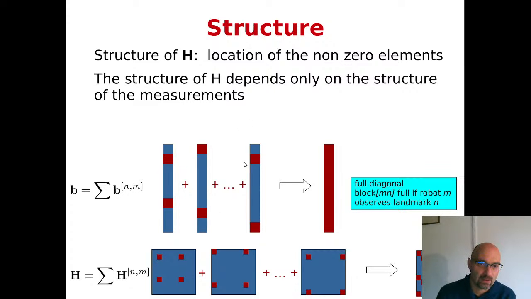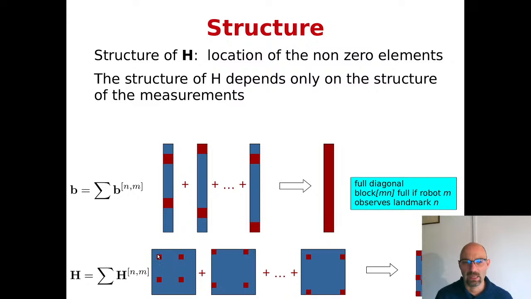If you put together all these contributions, this reddish here denotes that the block is full, you will end up with a b vector which is full of elements. In contrast, the H matrix has a little bit fewer elements, and if you observe the contribution of one measurement to the H matrix, and I'm always talking about a measurement between a robot position and a landmark position, so this is J transpose omega J, you will have 4 blocks.